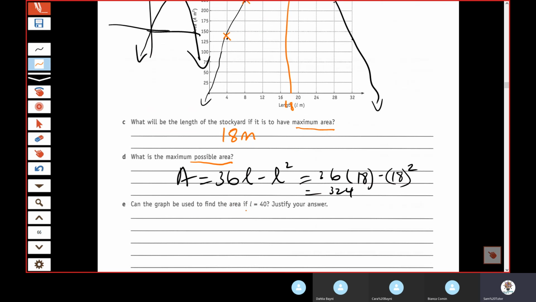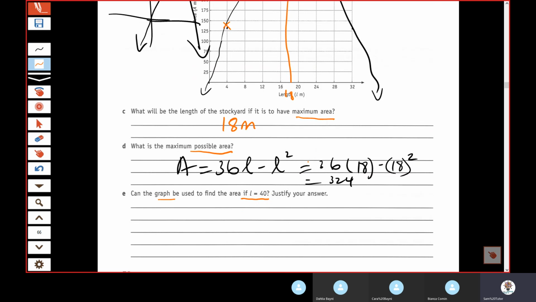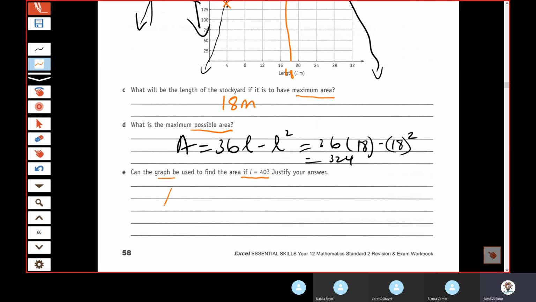Can the graph be used to find the area if the length is 40? That's like last week's question. Remember last week's problem I said? Be careful. So what we're going to do is, area equals 40 for the length, right? Let's see what it gives us. So sub that into your calculator.